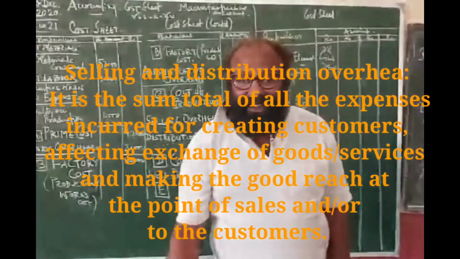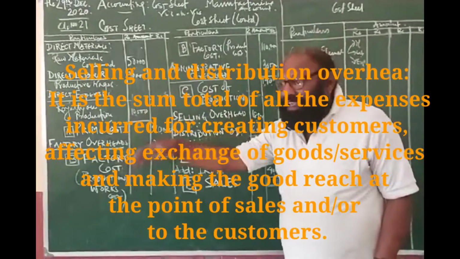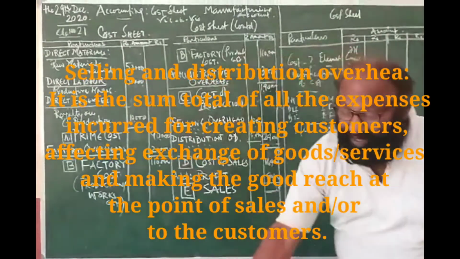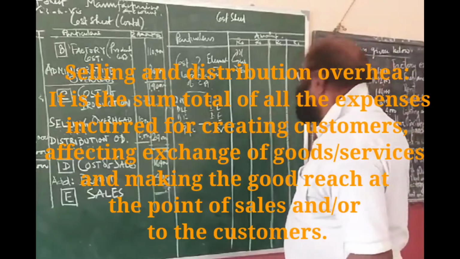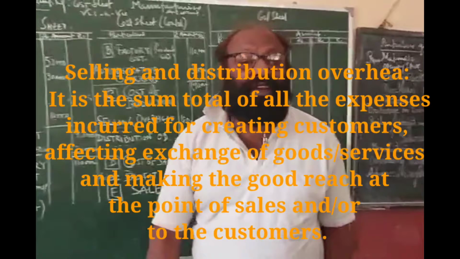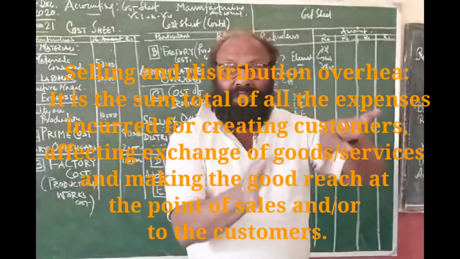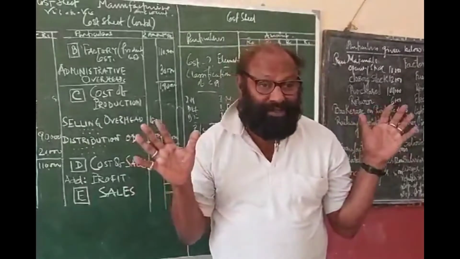Okay, any problem? I think there should not be. Again, I am elaborating. Then I will take up one numerical problem with some numerals given. Okay. First of all, cost sheet. Cost sheet is a statement of the cost you have incurred during the period for the purpose of production and for the purpose of selling the goods.